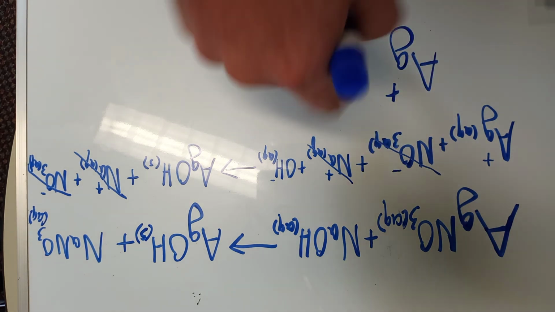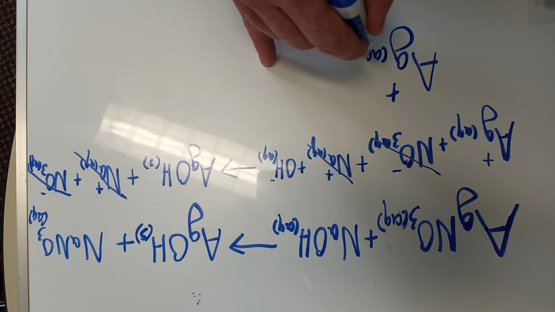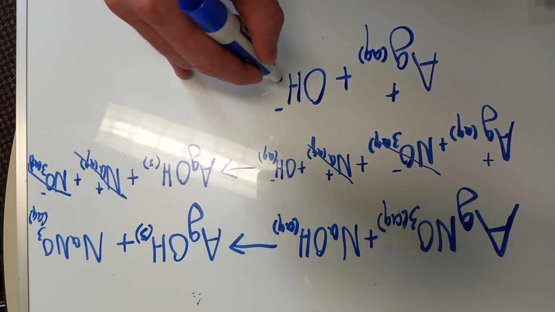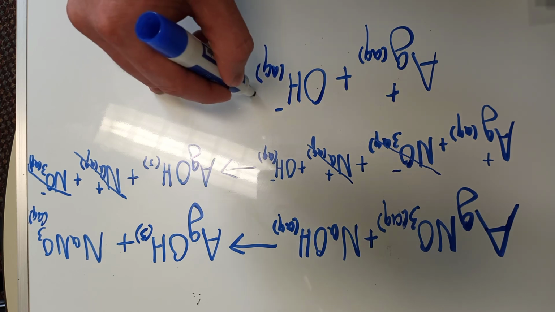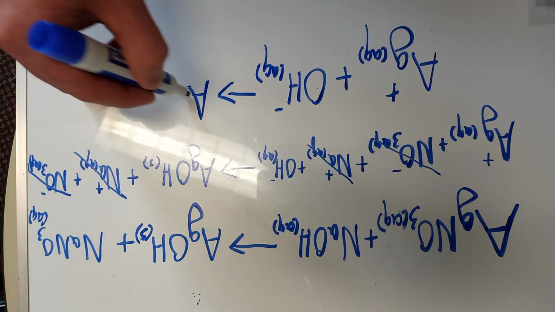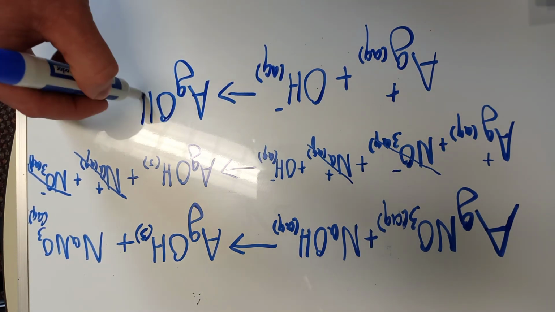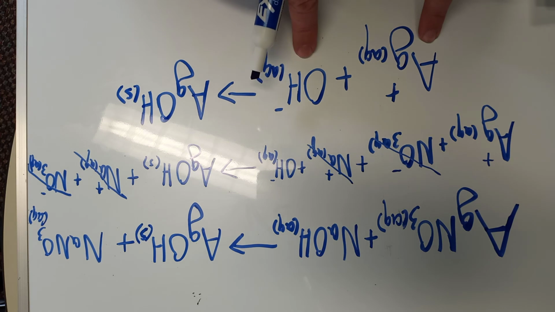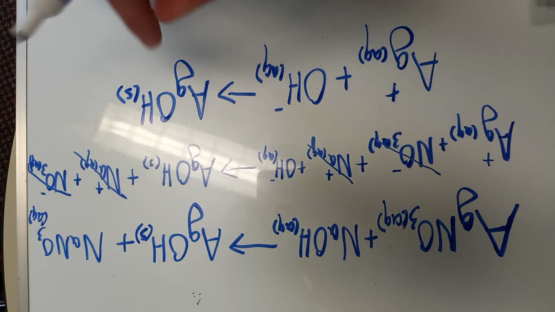After we eliminate those, Ag is still aqueous, OH is aqueous, and then we make AgOH. You'll notice in this reaction, all that really occurs is an Ag and an OH find each other and stick together and make a solid.